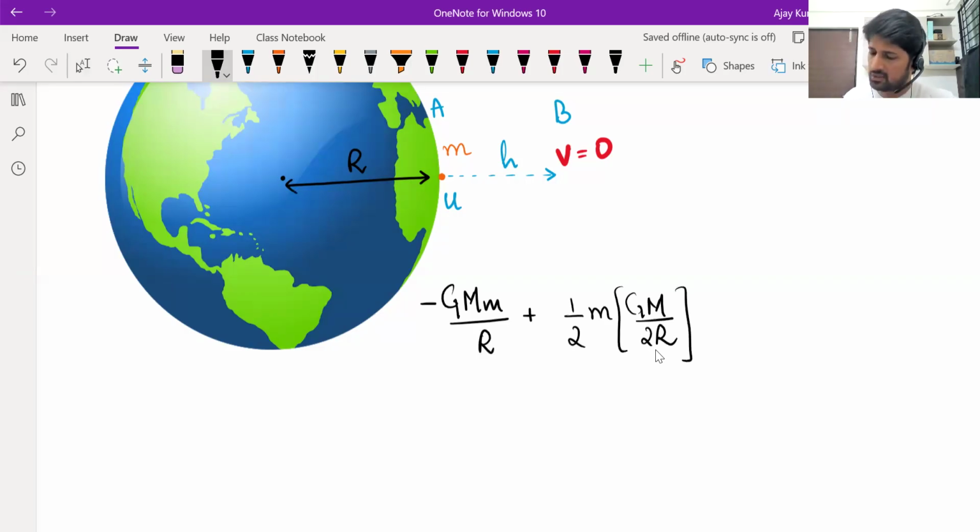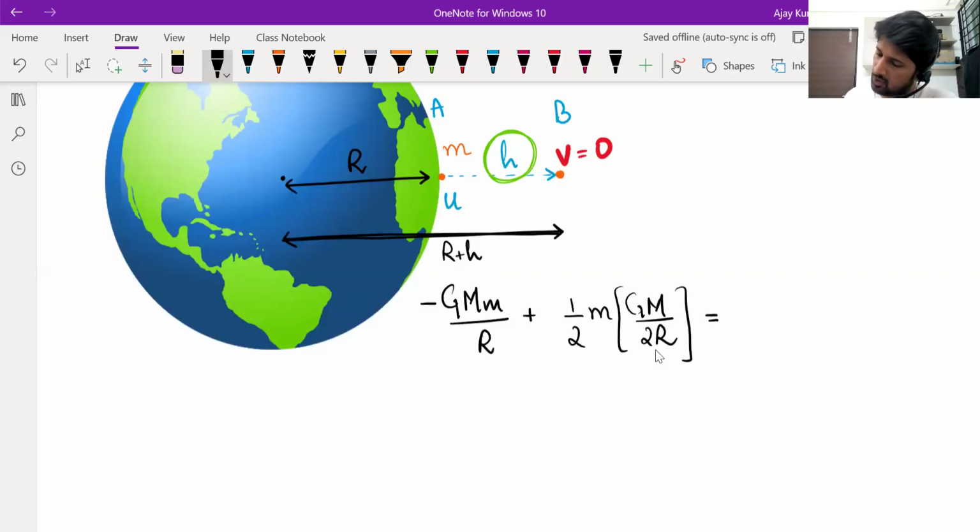So initial potential energy plus kinetic energy of the system should be equal to the final potential energy. Finally, let's assume it goes to a height h above the surface of the planet. Then the particle is still outside the sphere. And when the particle is outside the sphere, the total potential energy between the sphere and this particle depends on the distance from the center to the particle, which now becomes r plus h.